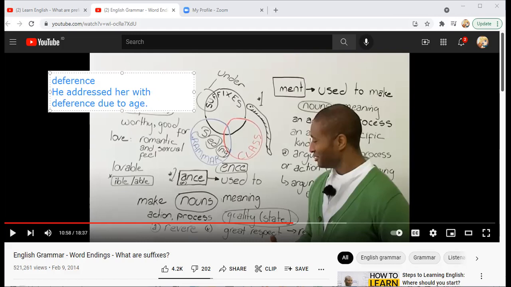So he respected her, the woman, because the woman was older. Deference, it's more like that. That's why I think reverence is more about worshiping God.